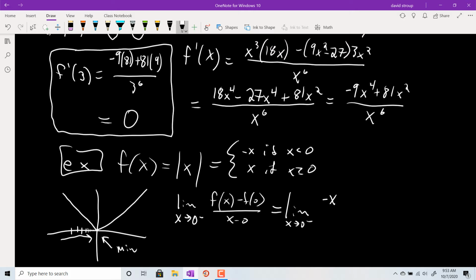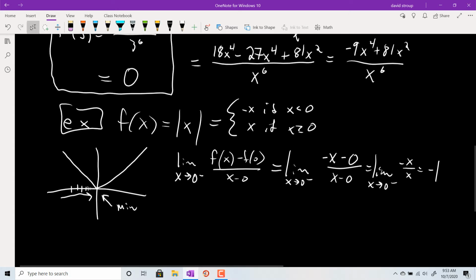Then I plug 0 into the function, so that'll be minus 0 all over x minus 0. Of course that is just negative x over x, which is the limit of negative 1, which gives me negative 1 for the derivative at 0 coming in from the left.